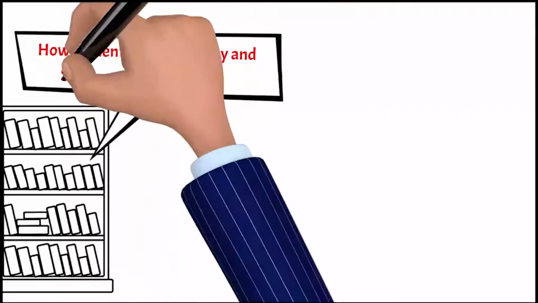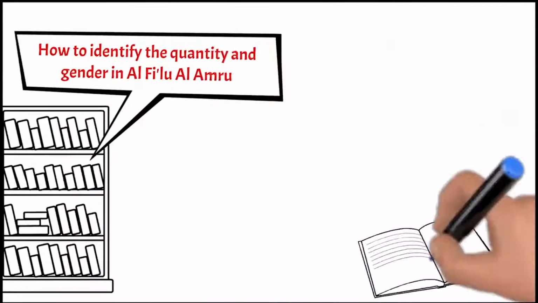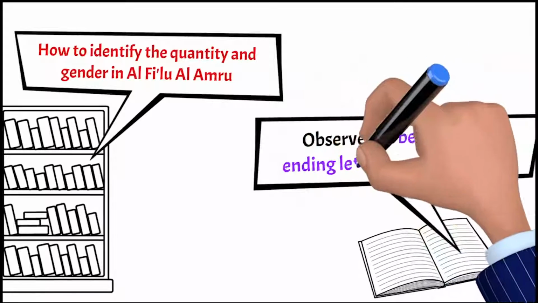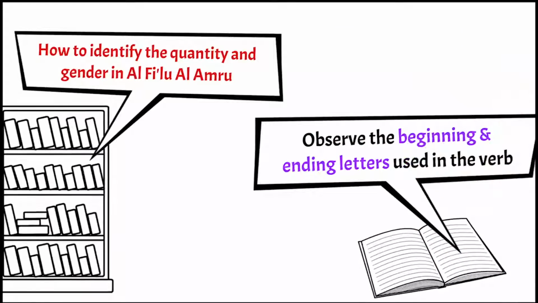How to identify the quantity and gender in الفعل الأمر. Observe the beginning and ending letters used in the verb.